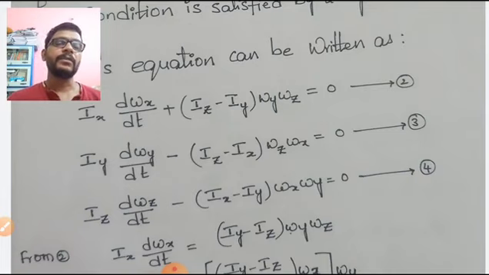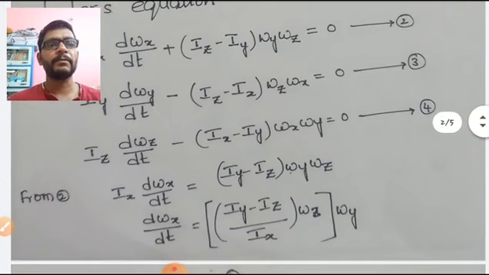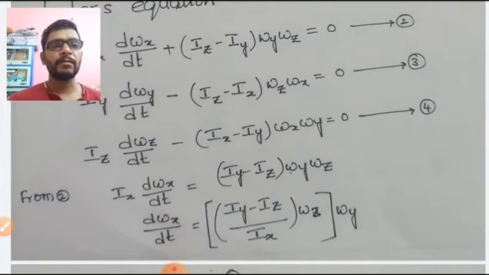Now, from equation 2, see what I am doing. I am sending the term (Iz minus Iy) omega y omega z to the right side and doing a little adjustment. We get d omega x by dt equal to (Iy minus Iz) by Ix into omega z, with some brackets, and after that we take omega y.